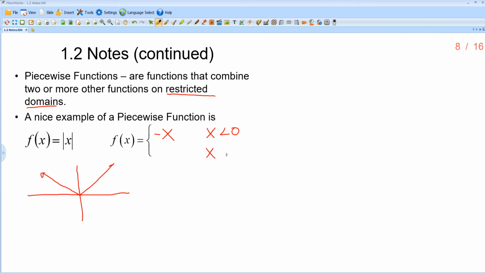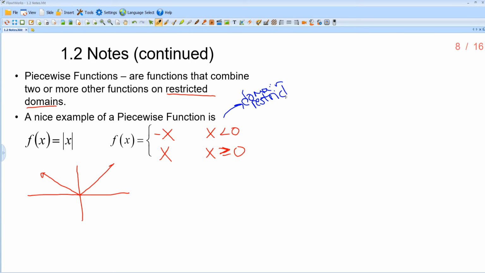If x is greater than or equal to 0, so now if I'm looking at just the right side of this graph, this is just a regular increasing linear function, so it's just x. Here, talking about piecewise functions, this is my domain restriction.